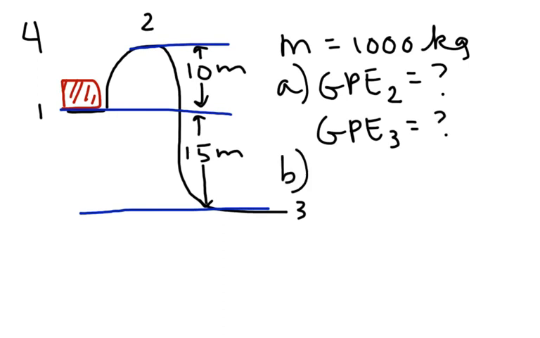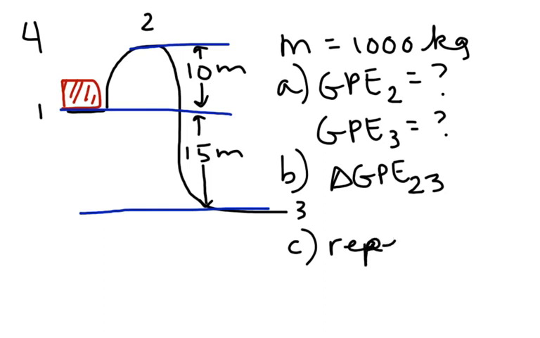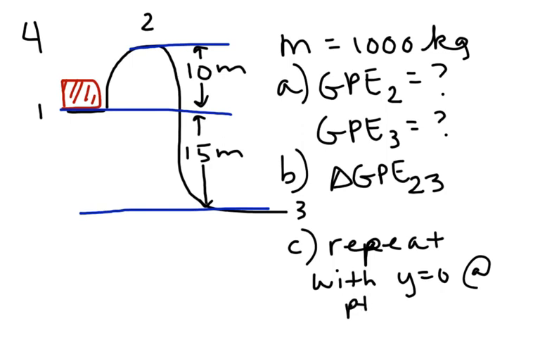Part B, what is the change in gravitational potential energy from position 2 to 3, which is also the same as the net external work, or the same as the negative work done by gravity. And lastly, C, repeat parts A and B with y equaling 0 at point 3.